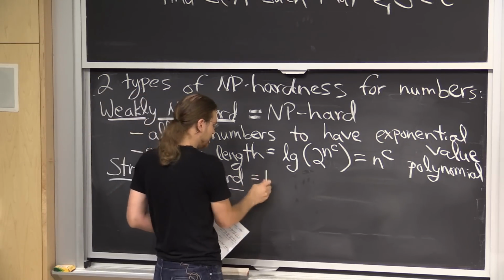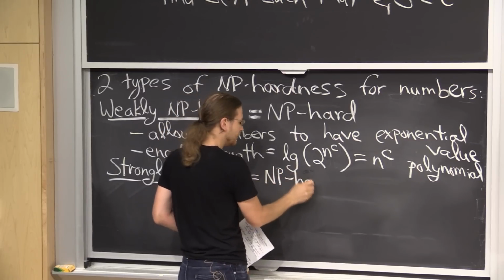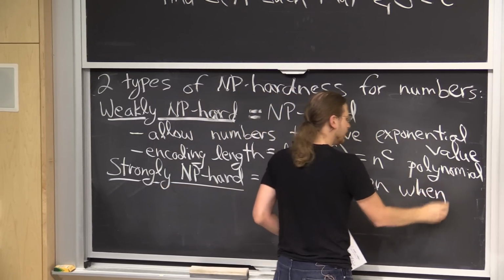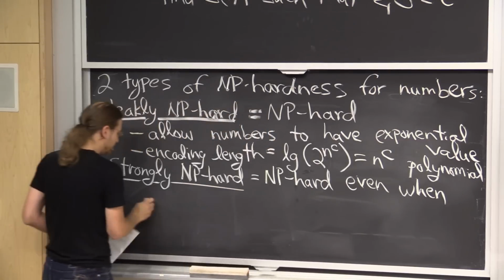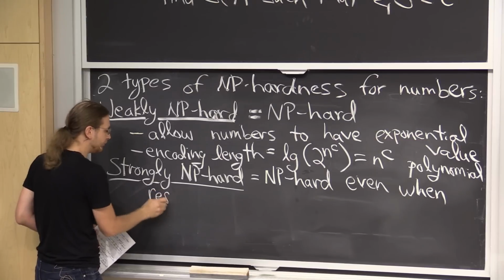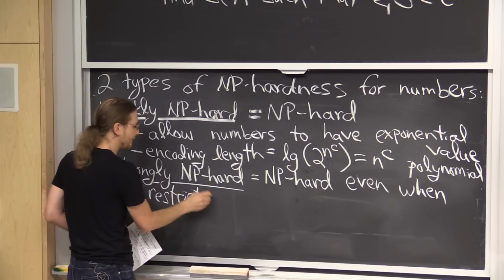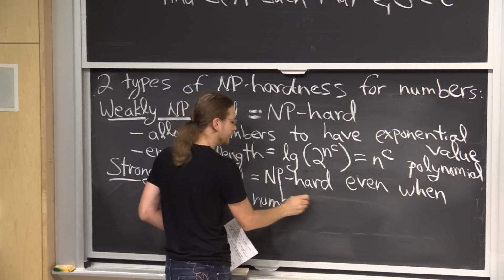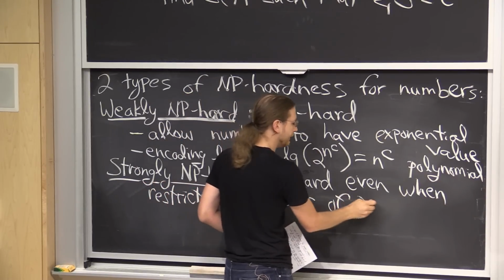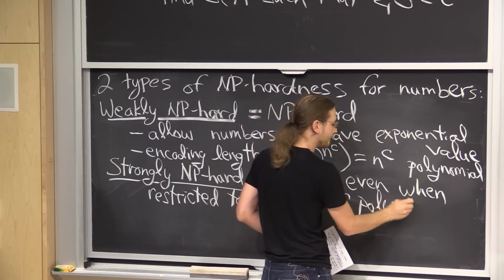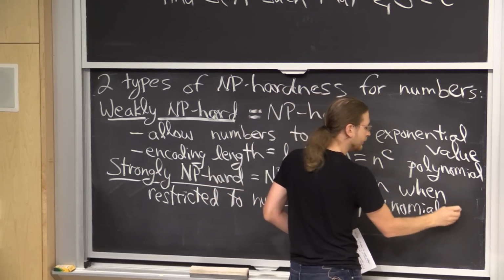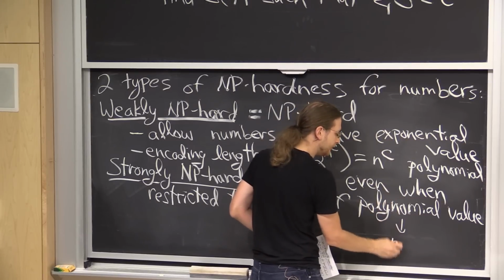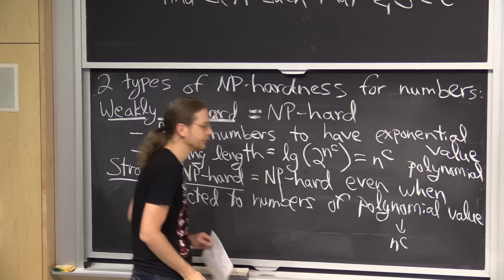And this is NP-hard even when your problem is restricted to numbers of polynomial value. So polynomial here is with respect to n. n is the number of integers, the number of numbers.